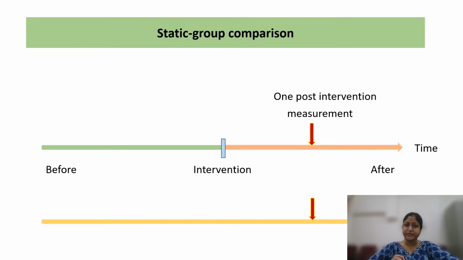In this, there are two groups and the intervention is carried out in one group while the other group does not receive the intervention, and there is only one post-intervention measurement in both the groups. This is similar to true experimental research designs, but the difference is that in static group comparison, there is no randomization.